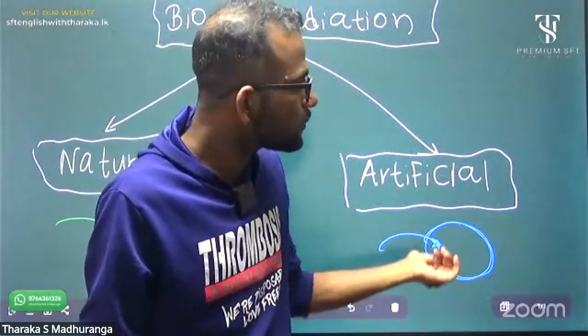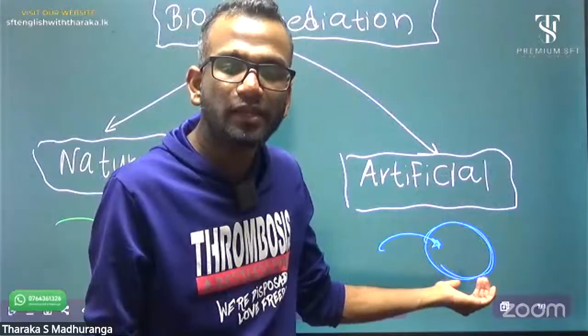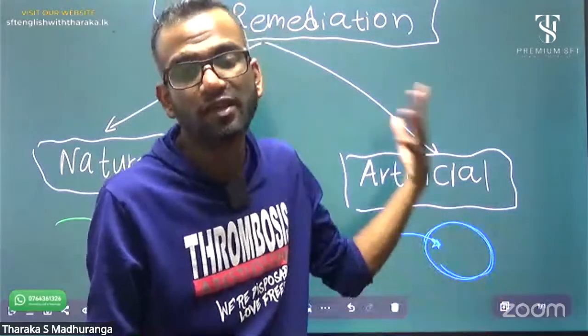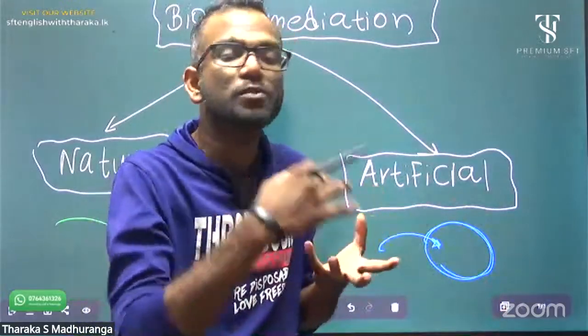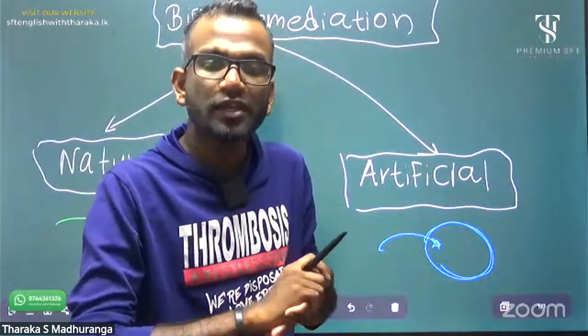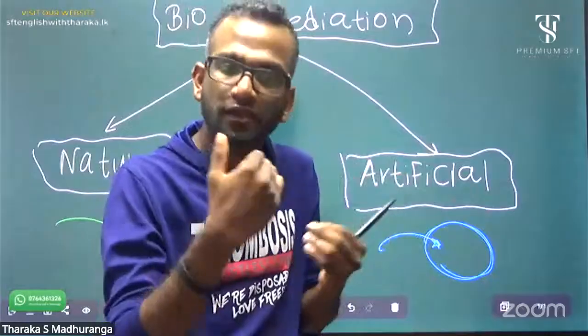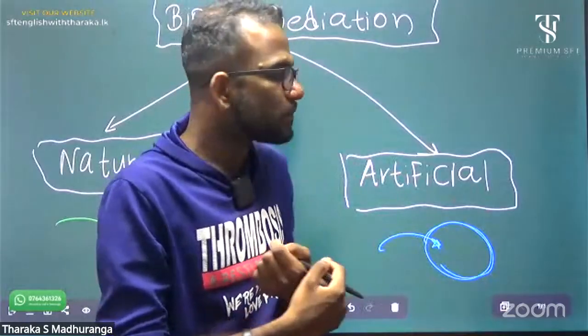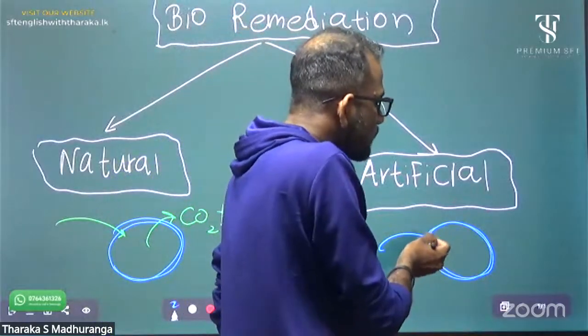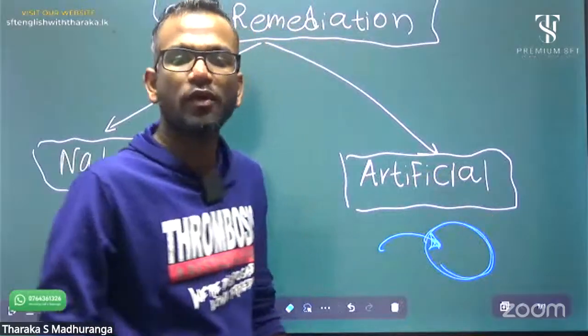They have very high hydrocarbon digestion capacity. Because they are genetically modified, their lifetime and growing rate are higher. Therefore, within a very short time, they break down this oil stain.